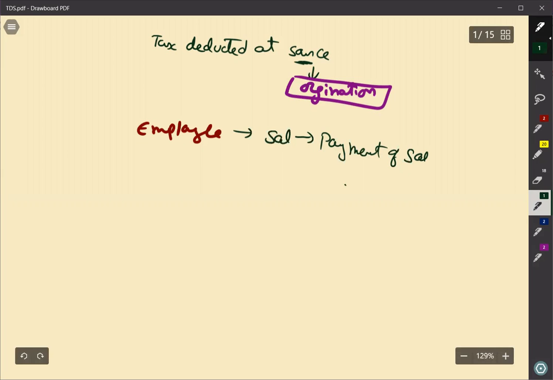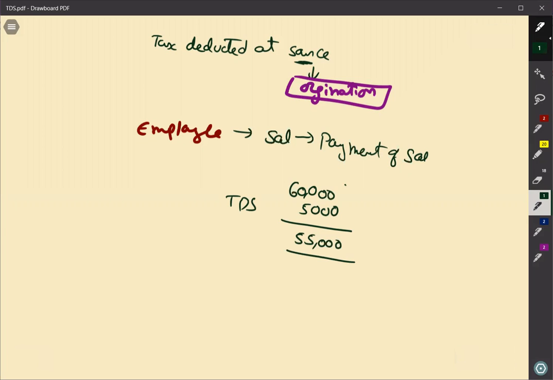Deduct. Say you are getting 60,000 rupees as salary per month. At the time of payment, the employer will deduct a TDS. So what is the TDS amounting to? Say for example, 5,000 is the TDS. He will deduct this 5,000 and he will pay 55,000 to you. So ultimately there are two parties.